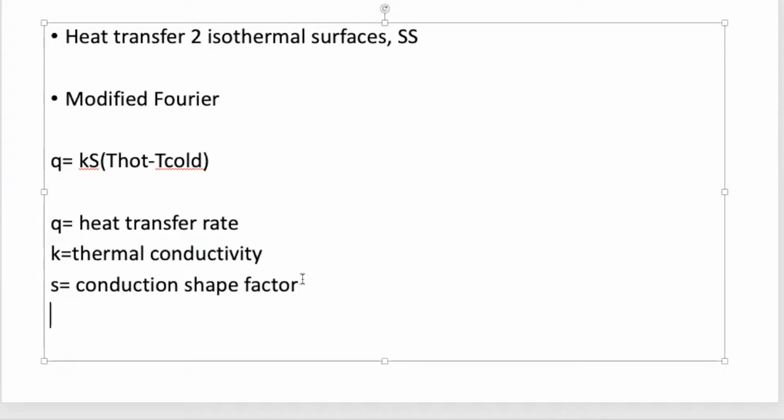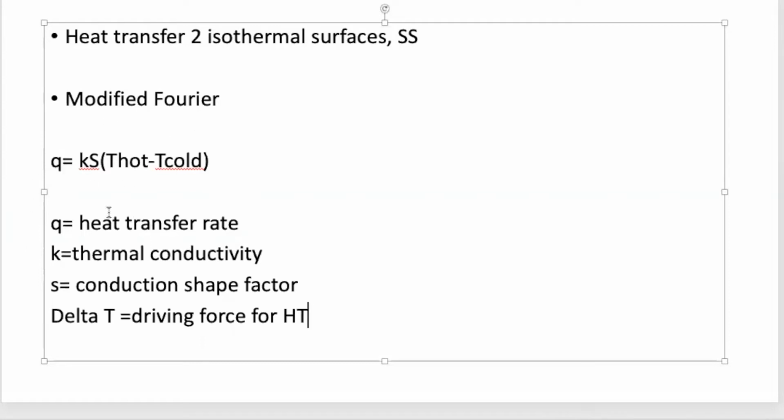And delta T, well, is just the driving force, right? So delta T, driving force for heat transfer. Okay, so pretty easy, this equation.